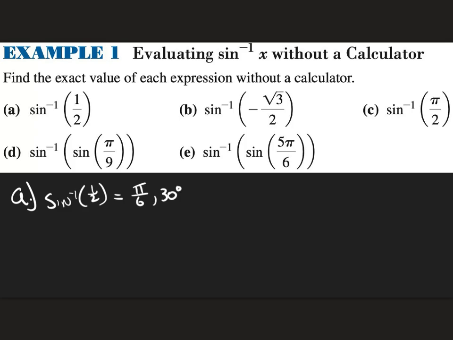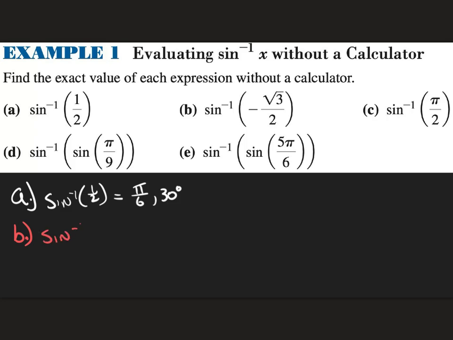Now, we're primarily going to be in radians, so make sure your calculator is in radians. If not, hit the mode button. The mode button is next to the second button, and go down. Make sure radians is highlighted, hit enter, then hit second mode to get out of there.